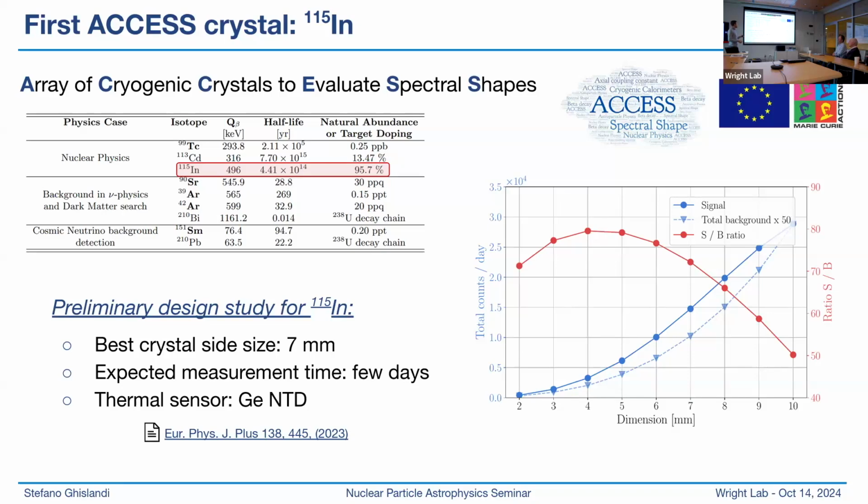We have in CUORE a problem with strontium-90, for example. Argon-39 and 42 will be important for LEGEND, so germanium studies. Bismuth is everywhere because it's a daughter of lead-210. And then you have also samarium-151 for cosmic neutrino background detection.